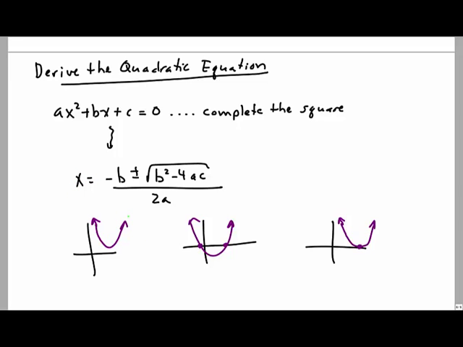Now, what would happen in that case with the quadratic equation? Well, what that would end up looking like is this b squared minus 4ac has a direct connection to these types of roots.